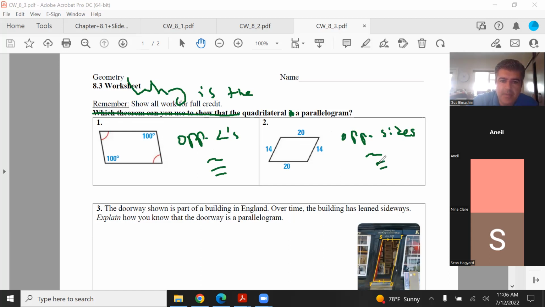And for number 3, the doorway shown is part of a building in England. Over time, the building has leaned sideways. Explain how you know the doorway is a parallelogram.